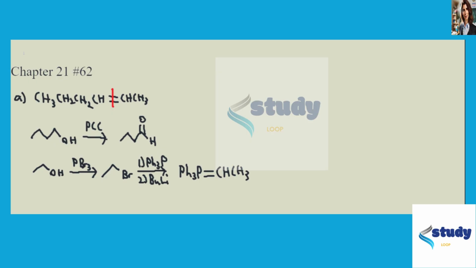So there's our Wittig. Then we can combine the Wittig that we just made with the aldehyde that we made above. So there's our aldehyde, and that is going to get us to our final product.